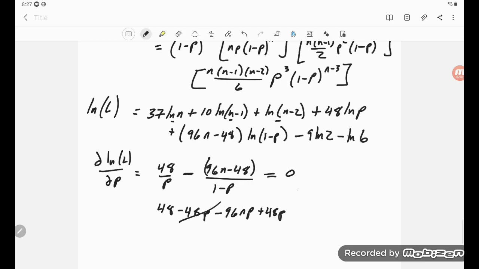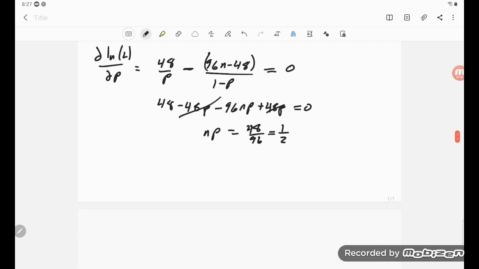Oh, so that's convenient. We get rid of that, equals 0. And so we get a familiar thing that n times p, what we would have as our average, or our expected value, is just 48 over 96, or 1/2.